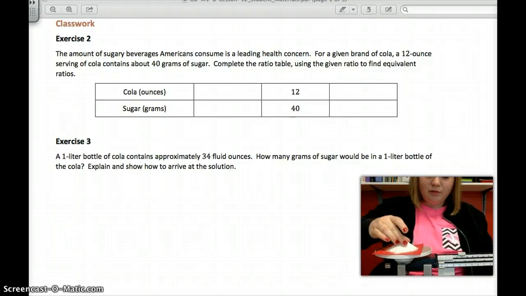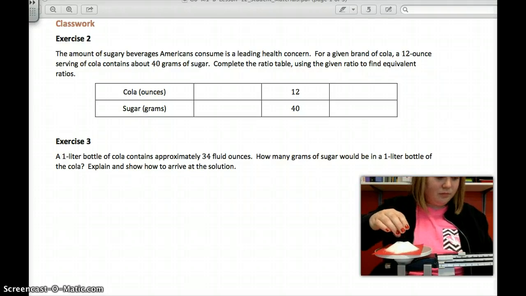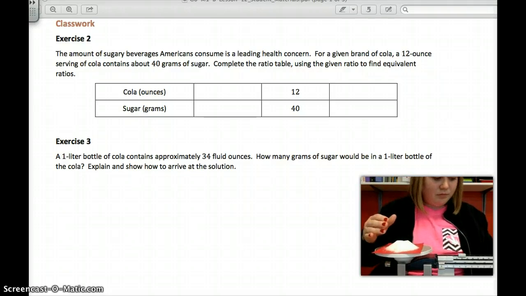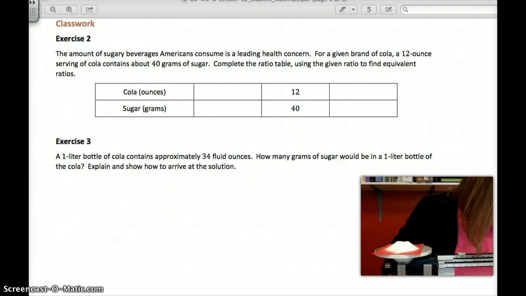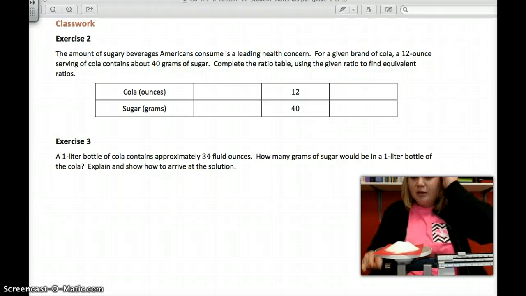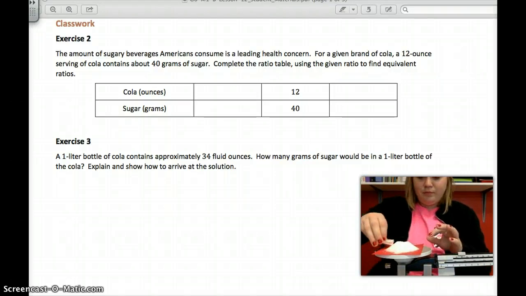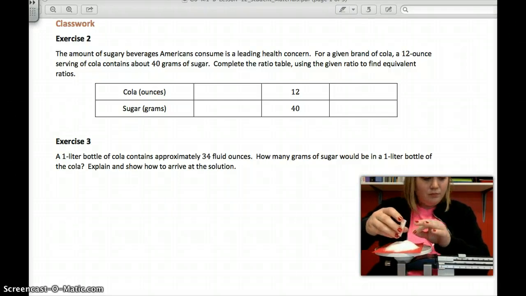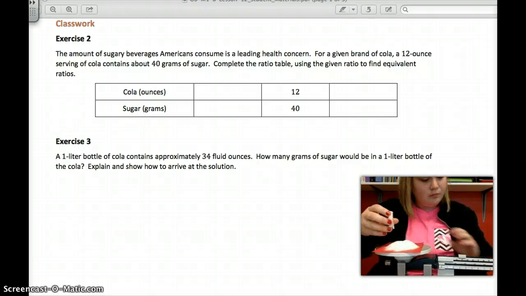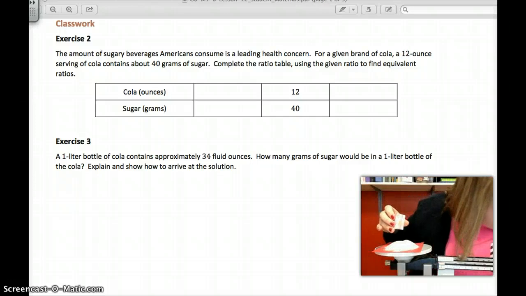So, this is a little bit too much. So if we took off one package, so like a package and a half.